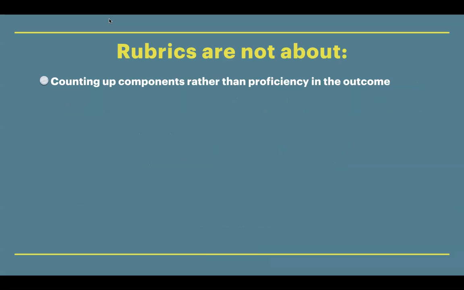Rubrics are not about counting up components rather than proficiency in the outcome. And so we are specifically not creating a rubric that has a count in it of certain items within the particular project or assignment.